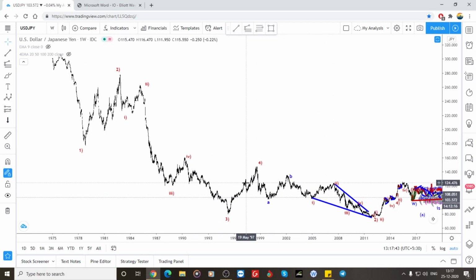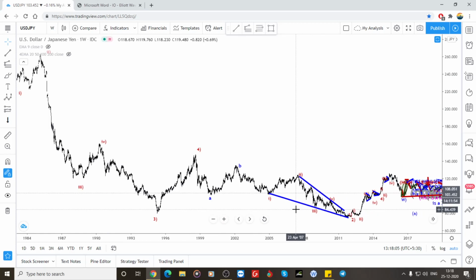And the diagonal patterns, there are a lot of diagonals, leading diagonal, ending diagonal. So ending diagonal will happen only at the end of the trend in the fifth wave, or it could be in that C wave. C wave means we may get A, B, C. So in that C wave we may get that ending diagonal. So you can note it down again, a lot of points what I'm explaining here.